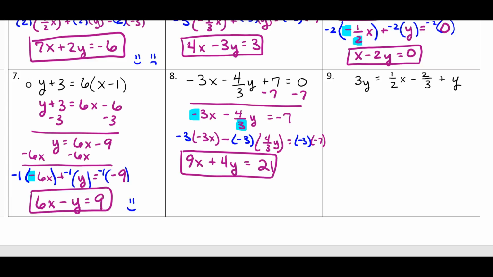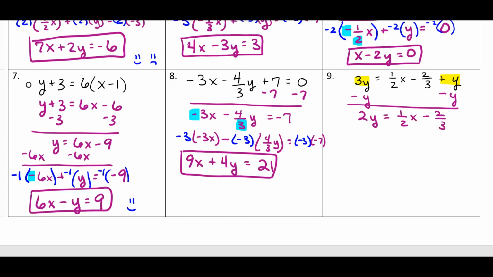So the first thing I hope you notice is that you have these two y terms. You have a 3y and a positive y. So the first step might be to get those y's together. So I'm going to subtract y from the left side, giving me 2y equals 1/2 x minus 2/3.